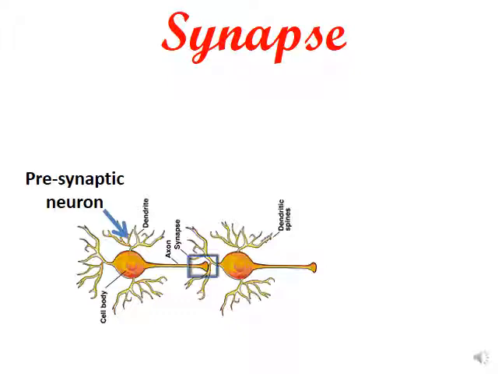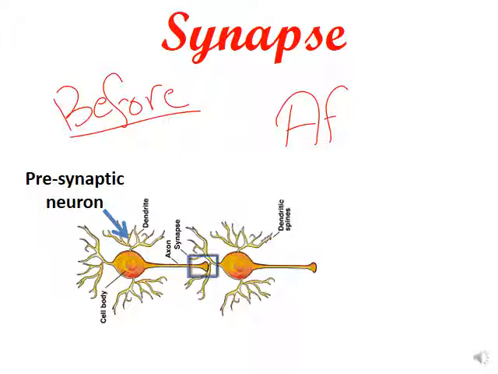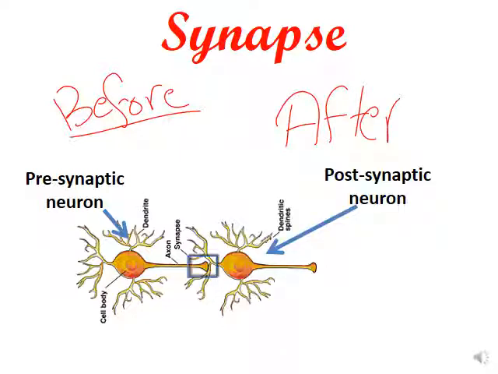So, synapses. First, the presynaptic neuron. Pre means before the synapse. So this one is called the presynaptic neuron, while the other is called postsynaptic. Before the synapse is called pre, and after the synapse is called post. Okay? So presynaptic, postsynaptic.